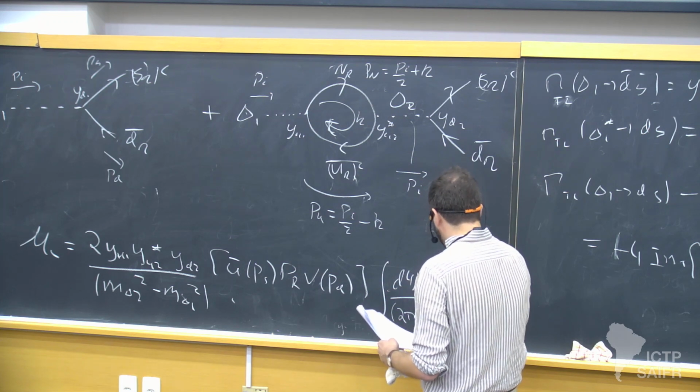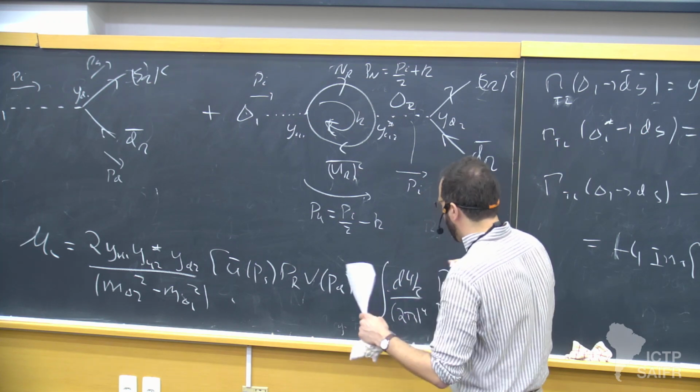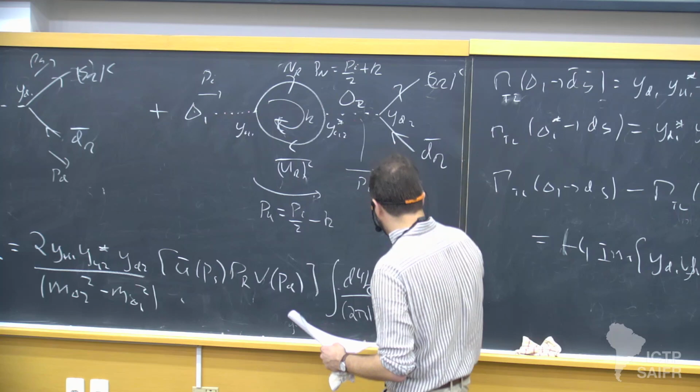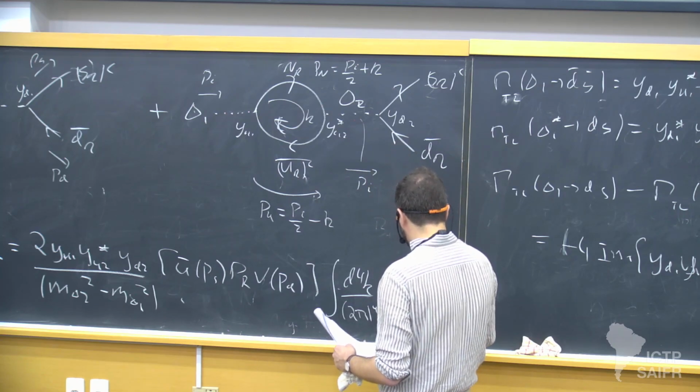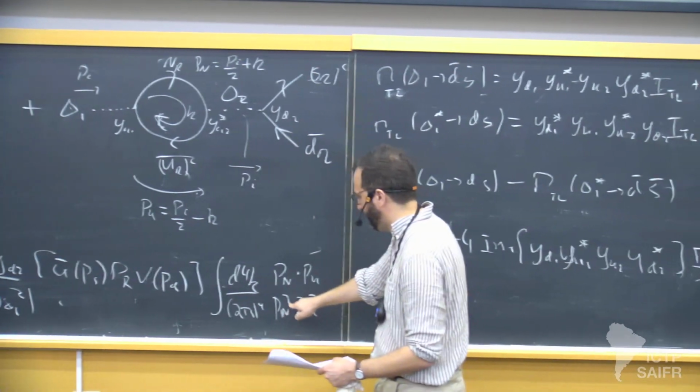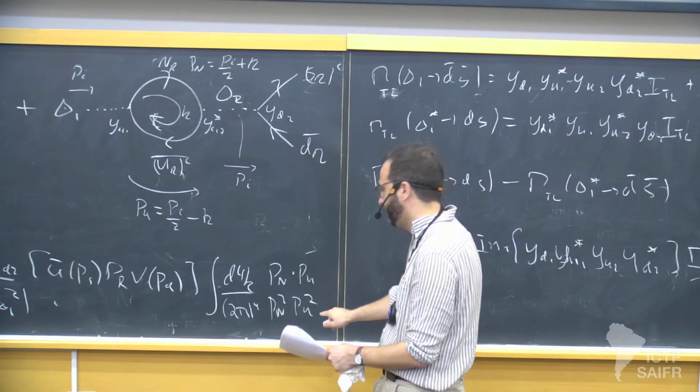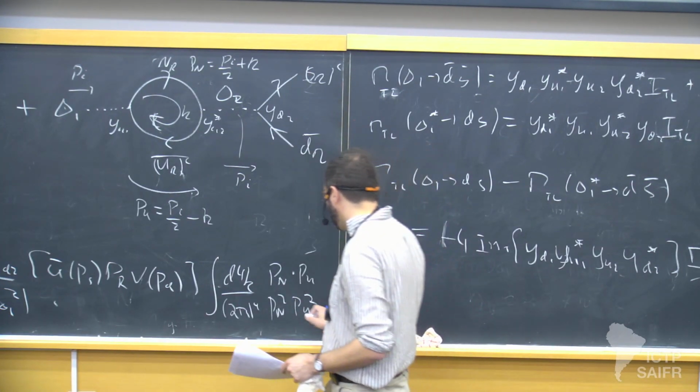And then from the fermion propagators, from the denominator, okay, we have a momentum squared, yeah? And we're assuming these are massless, yeah? Otherwise, we would have Pn squared minus Mn squared and Pu squared minus Mu squared, okay?